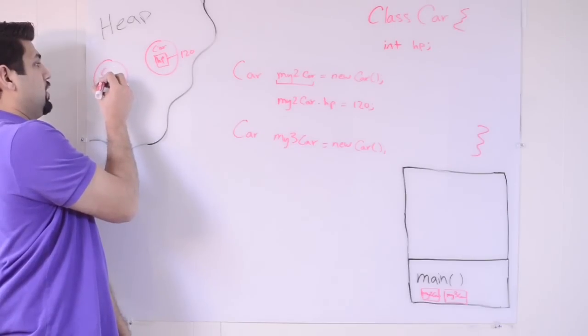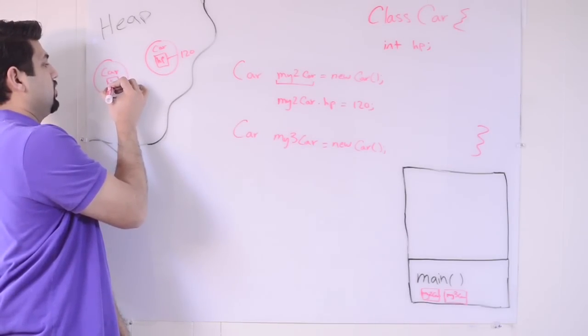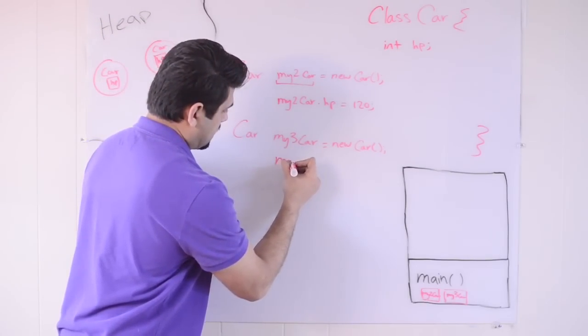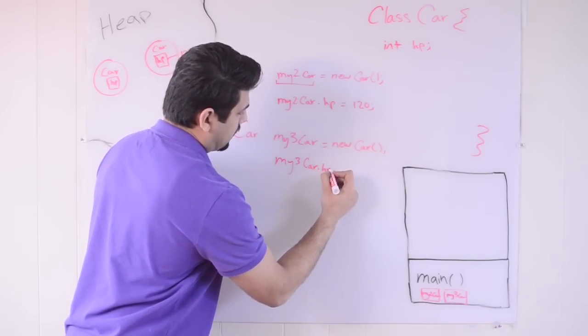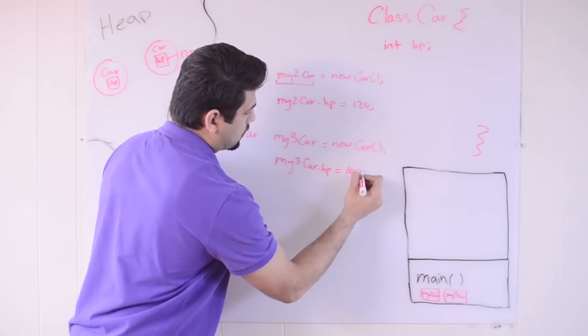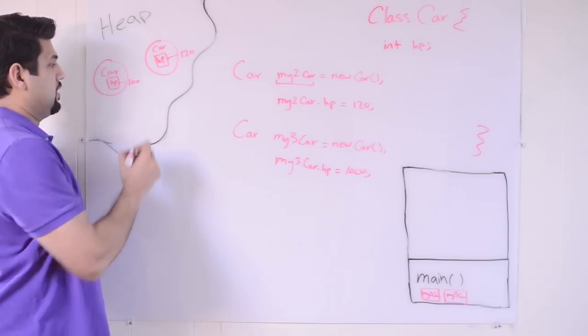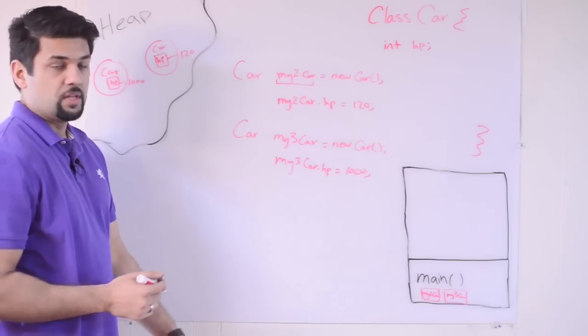And that object is right here, car, and it of course has to maintain a slot for HP. And let's give my3car its horsepower to be, let's make it super fast, 1,000. So this value here is going to contain 1,000 as the integer.